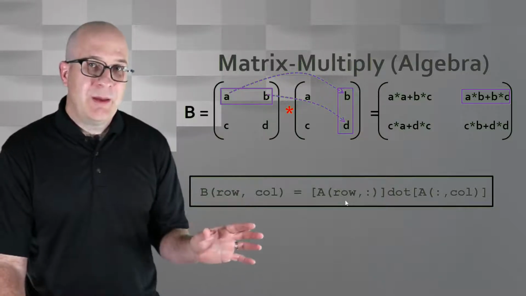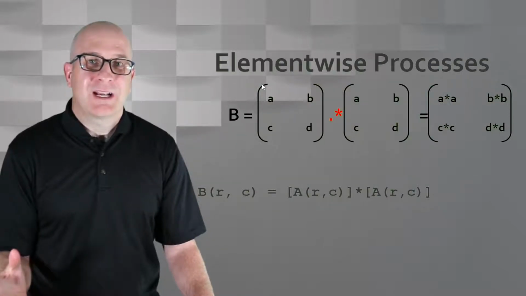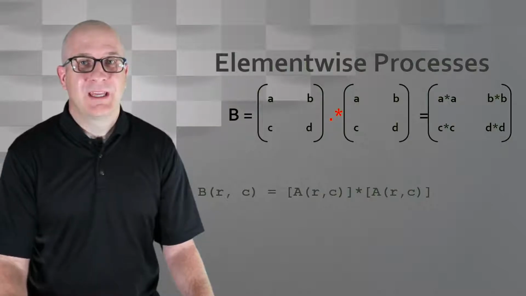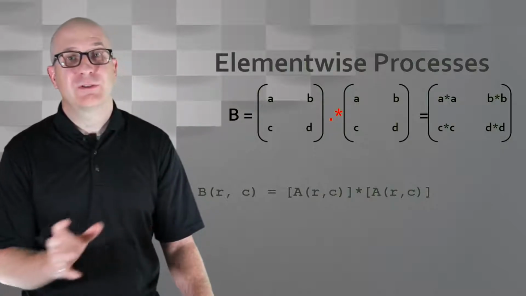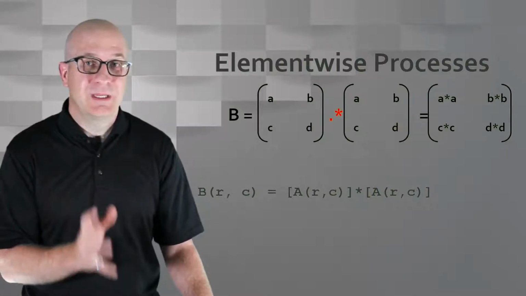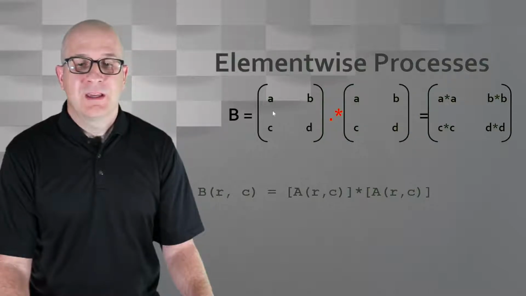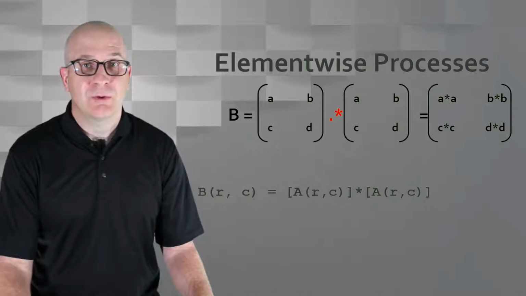Now, some of you may not have seen this answer right away. Some of you may have recognized or come up with a slightly different form of the matrix multiply. And it's not wrong, all right? Just because you didn't get that first version of the matrix multiply doesn't mean that you got it wrong. The second version that some of you may have come up with is what we call element-wise multiplication, or element-wise processes with matrices.